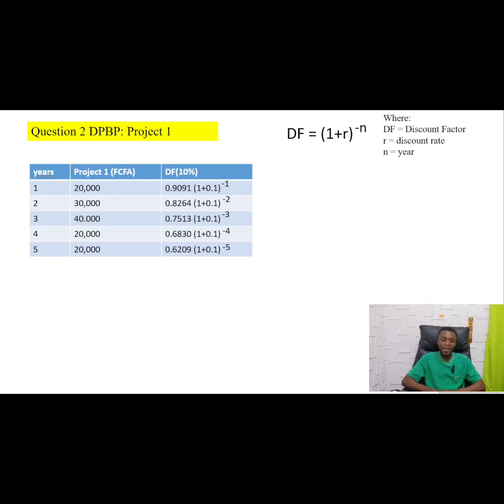Now let's introduce another column, which is the discounted cash flow. To get the discounted cash flow, you have to multiply the cash flow of the project by the discount factor.